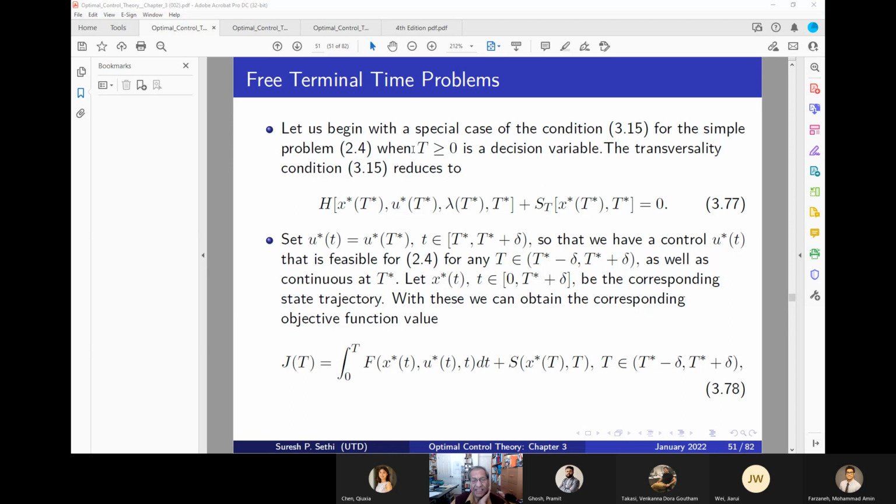If t itself is a decision variable, which, by the way, is the case in many problems. In fact, some of my early publication was on the machine replacement problem, where you maintain the machine, and we will go over that problem in chapter 9.